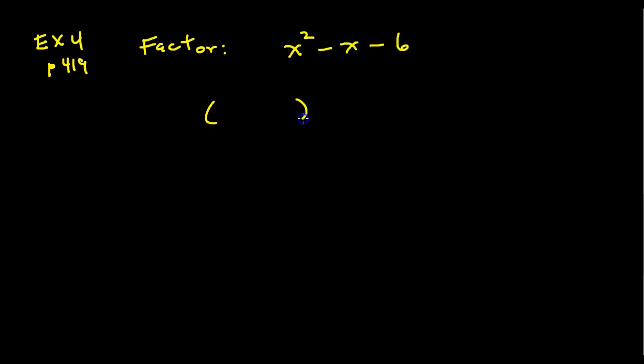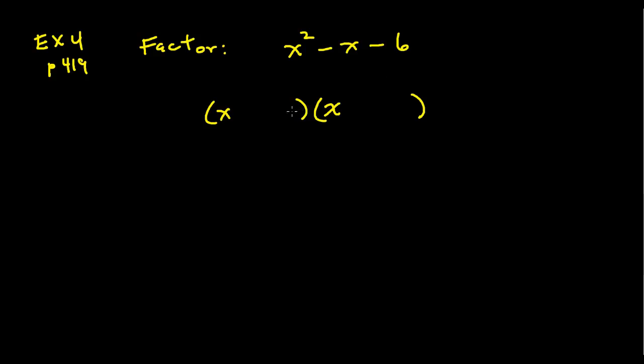Again, it's a trial and error process. Since my lead coefficient is 1, I can fill in my first slots with x and x. All right, now my inner and outer product has to add up to a negative x, and the last product has to multiply to a negative 6. Right?